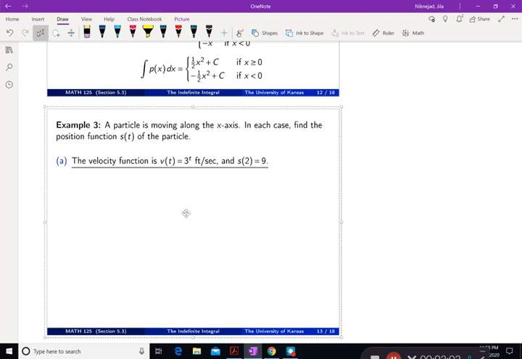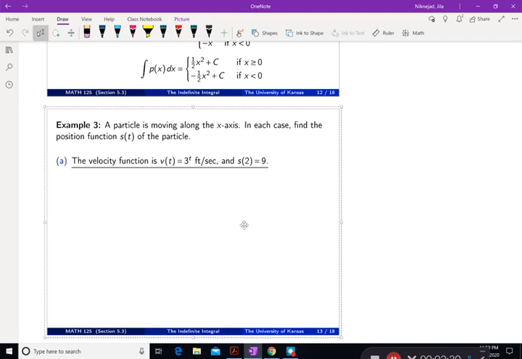This is a little better than what we did in the beginning when we posed the questions with the guava. Now I have some value for s, and I want to find the entire function s. We call this an initial value. And so again, the derivative of s of t is the velocity.